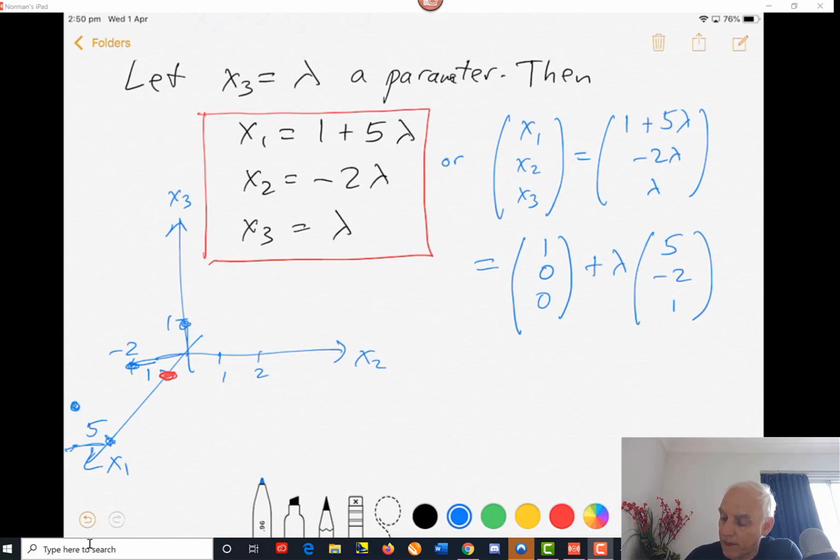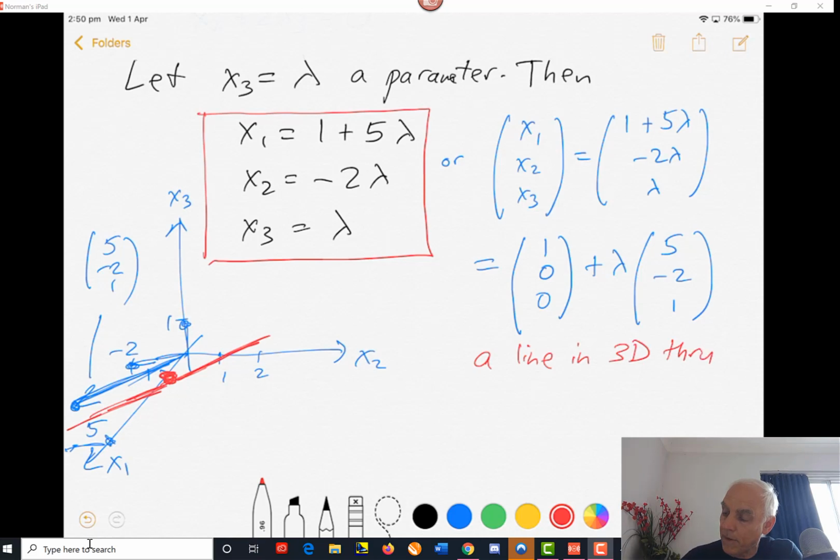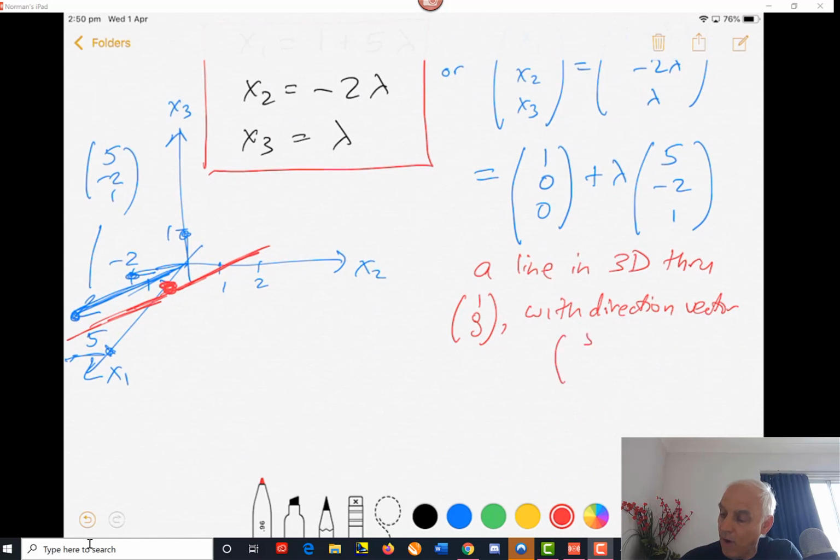So this would be the vector 5, minus 2, 1. And so the line that we're describing is the line that goes through this point, 1, 0, 0, which is parallel to that direction vector. In other words, it's going the same direction, so we'll draw it parallel like that. So it's a line in three-dimensional space, in 3D, through the point 1, 0, 0, with direction vector 5, minus 2, 1.